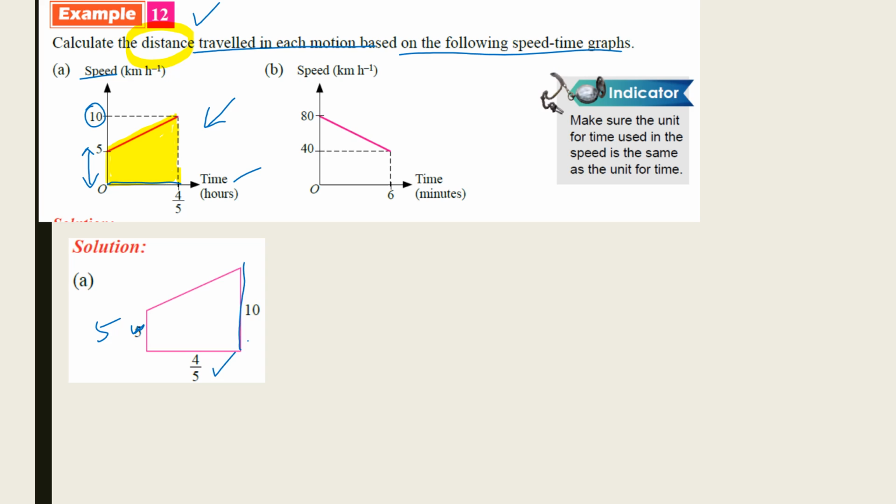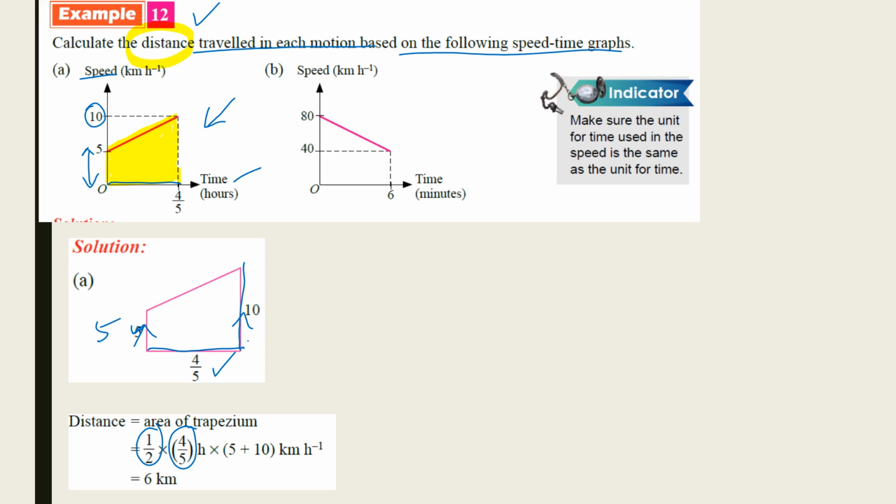So remember the formula of a trapezium. This is the parallel line. You have to add the parallel line. So the formula is 1/2 times the height, this is the height, and then times the parallel lines you add. So you get 3 kilometer.